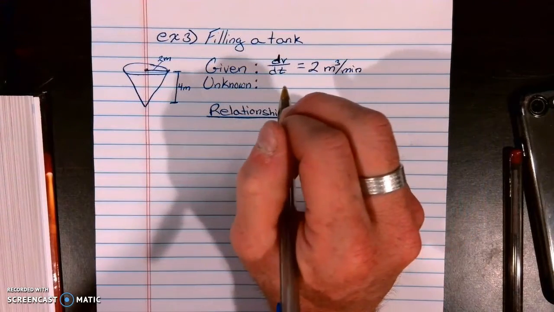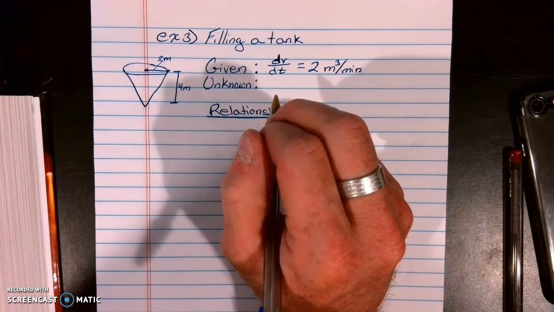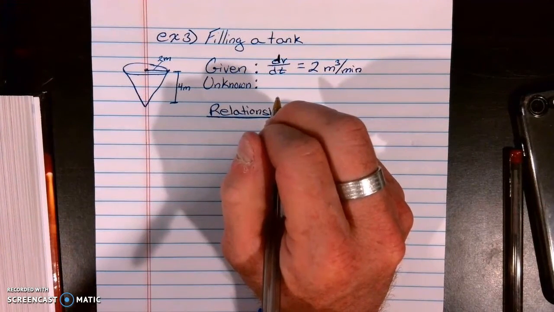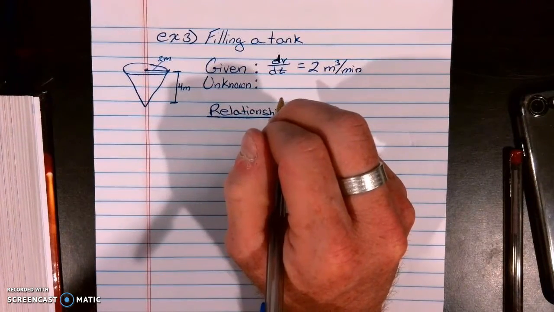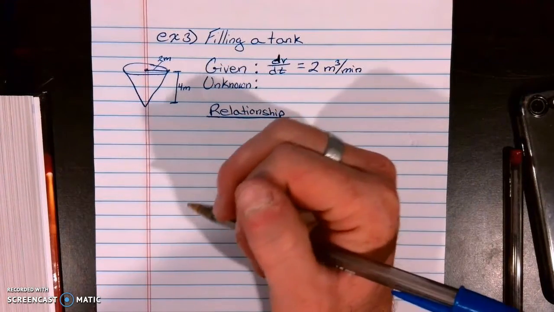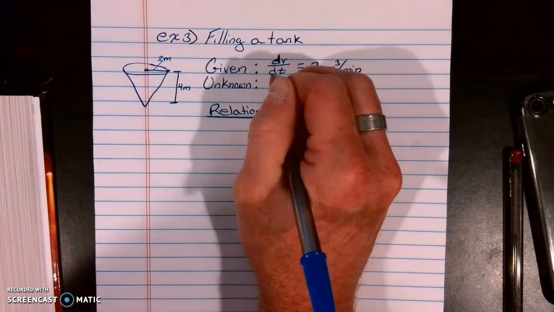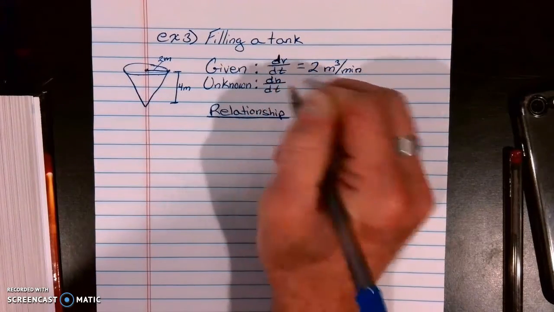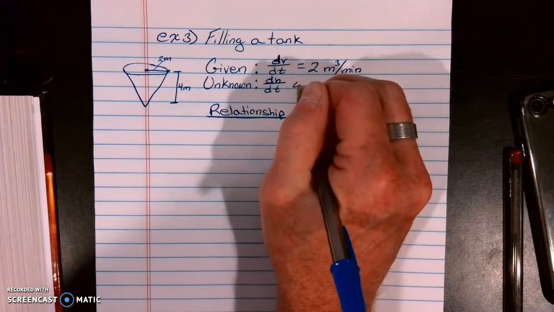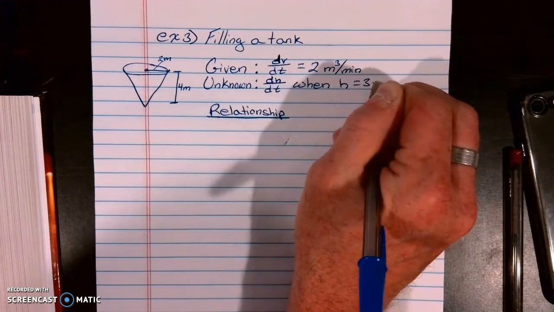The unknown they're asking us to find is the rate at which the water level is rising when the water is 3 meters deep. The rate at which it's rising is represented by h, so it's the change in height with respect to time, dh/dt, when the height is 3 meters.